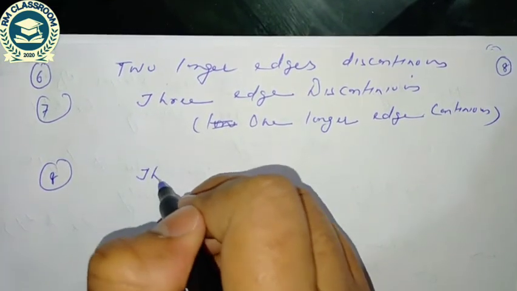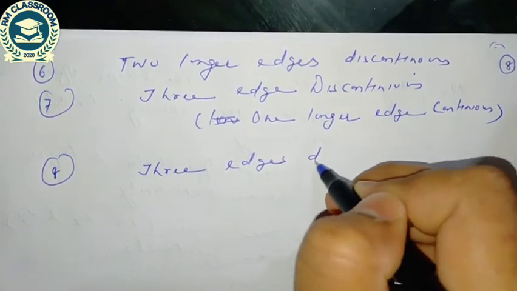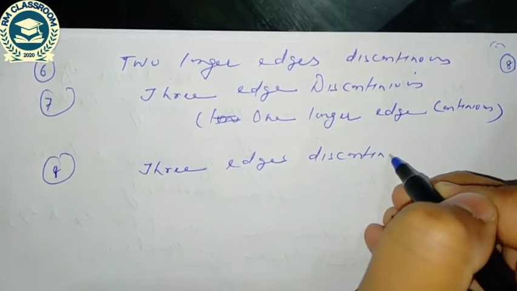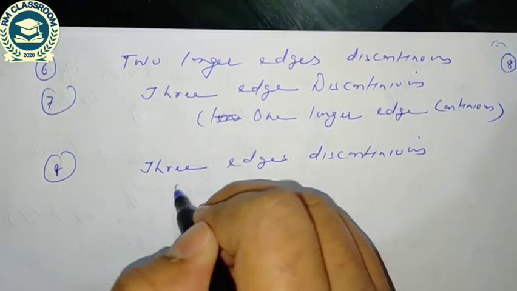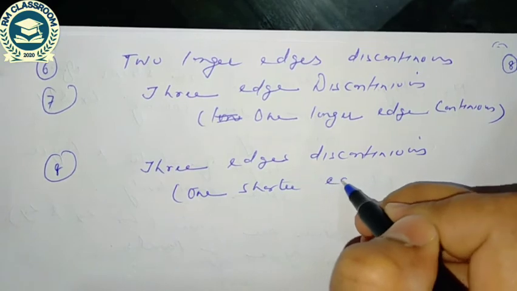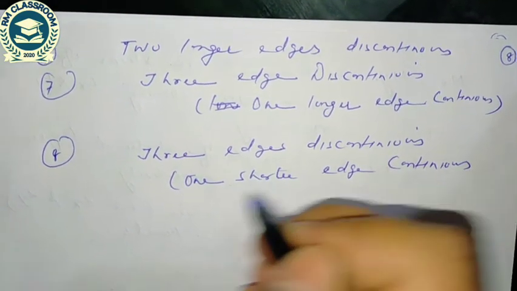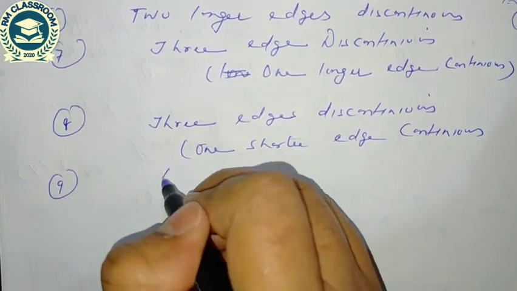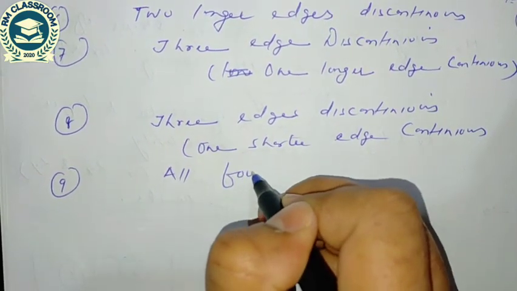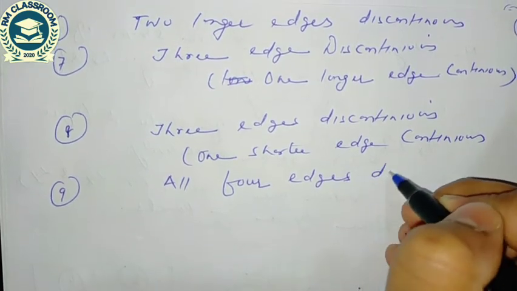Eighth panel, three edges discontinuous, means one shorter edge continuous. And the last panel is named as all four edges discontinuous.